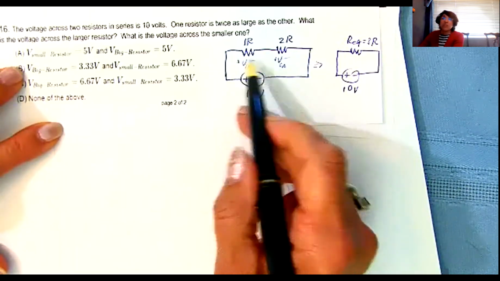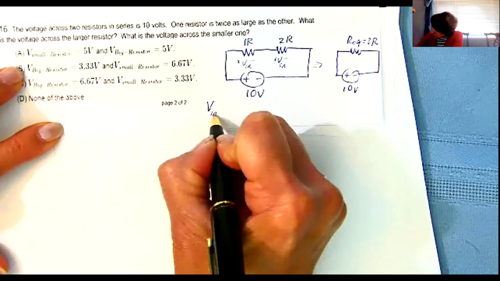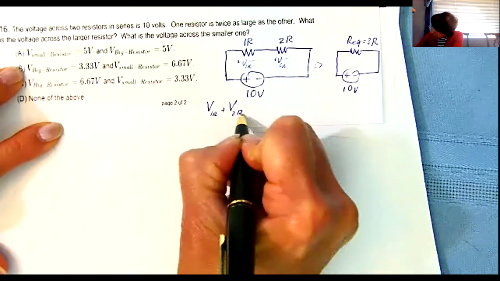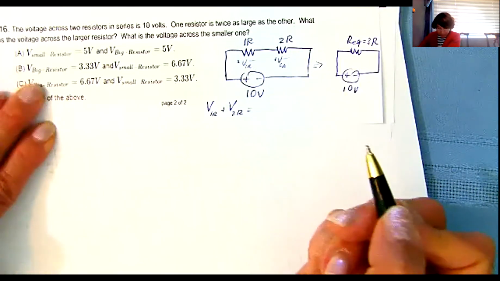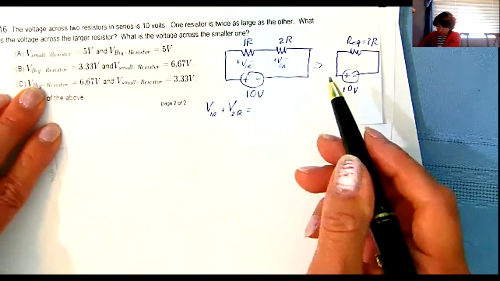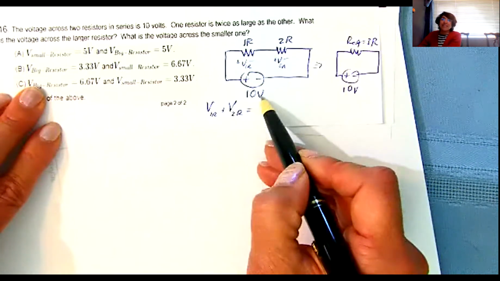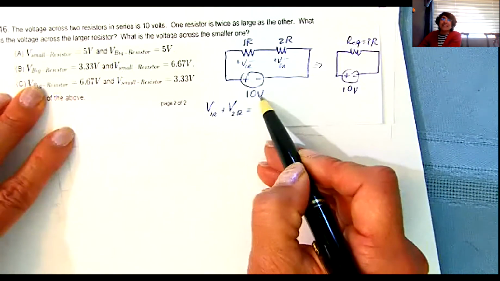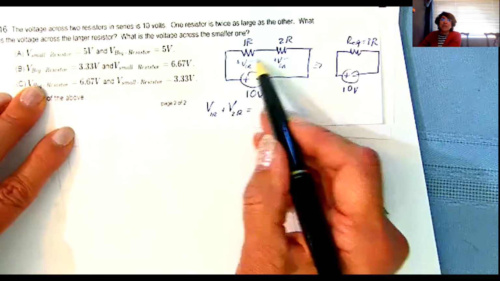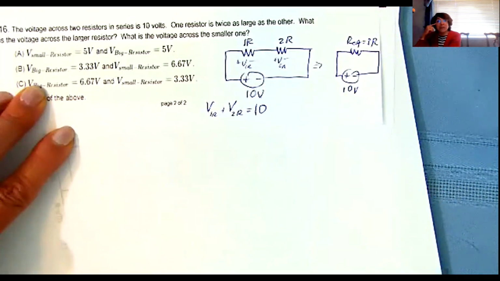What is V of R plus V of 2R equal to when I add them up? Would that still be 10? Yes. Because some of it gets used up here, some of it gets used up here. So that will be 10 volts when you add them up.